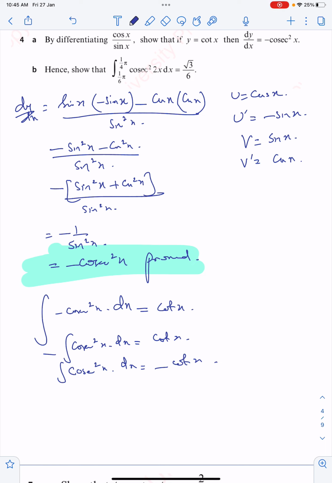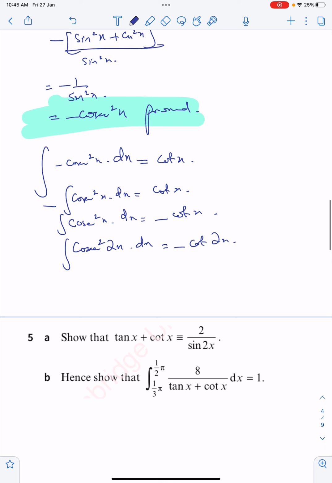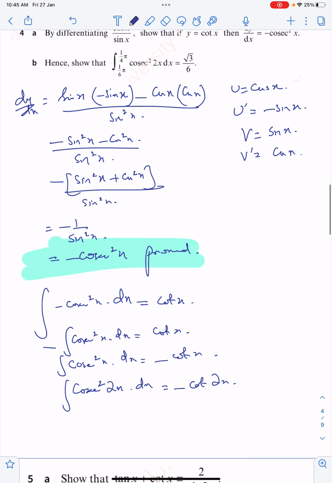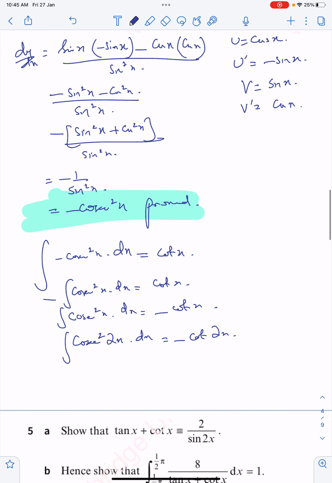Now if I'm multiplying the angle here by 2, so cosec square 2x dx is going to be negative cot of 2x. Okay, so I have to apply the boundaries now on this, which is pi by 4 and pi by 6.